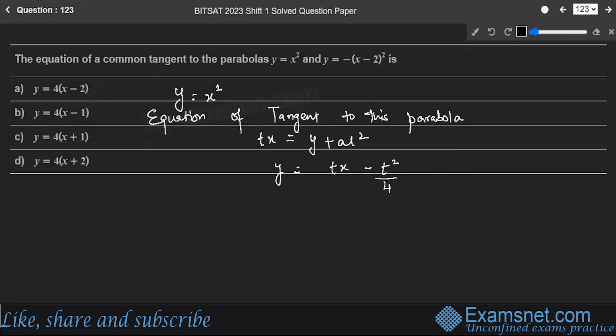Here you have a as 1 by 4, because you had y square equal to 4ax, and 4a over here is equal to 1. That gives you a as 1 by 4.